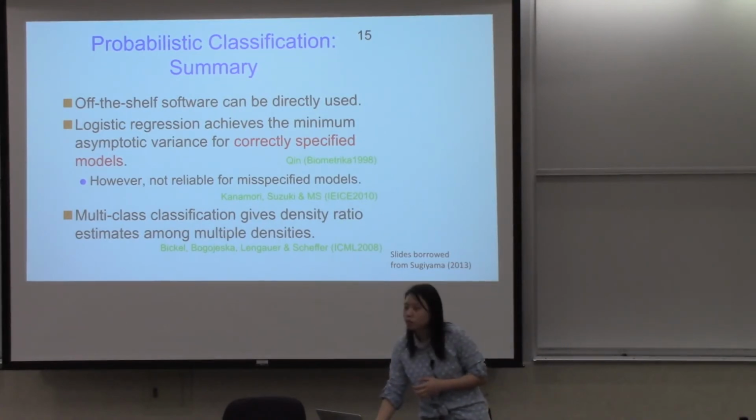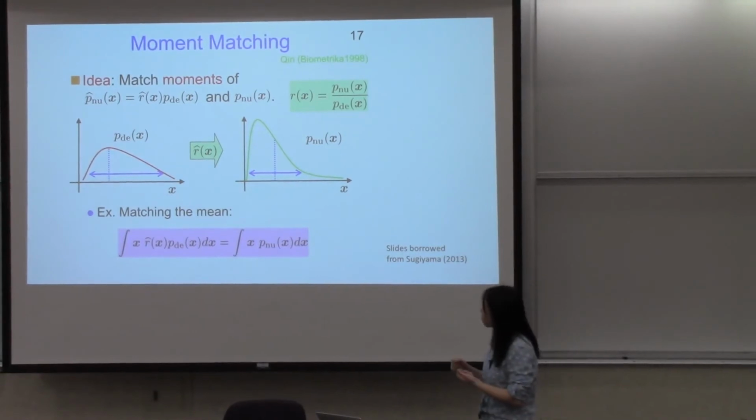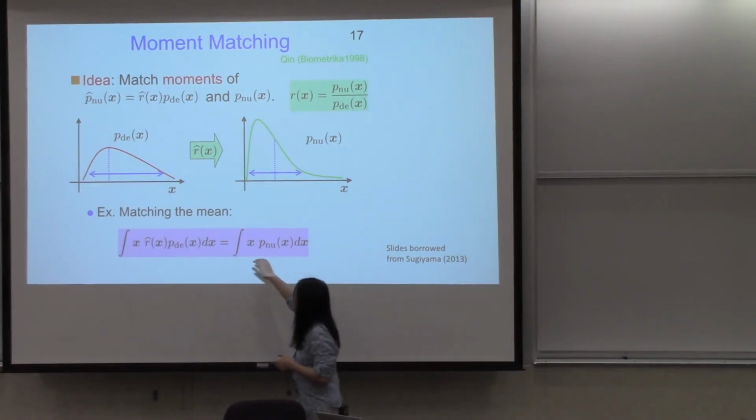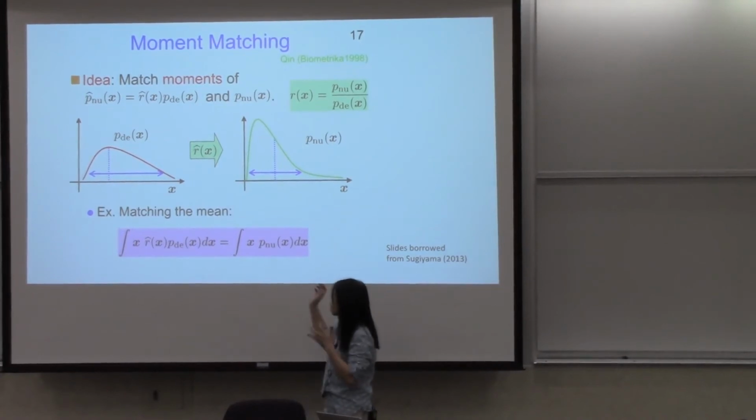Okay. So the second method to do direct density ratio estimation is moment matching. The idea is, look at this formulation. You have some distribution of source and distribution of target, and then you finally want to match.